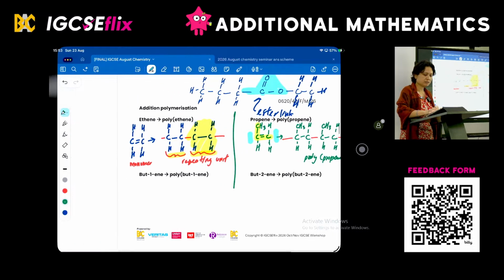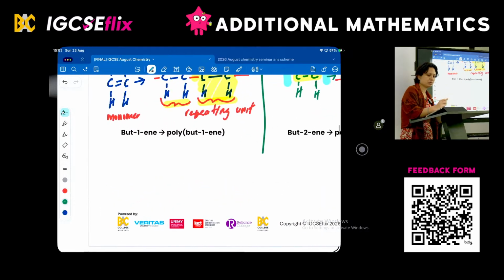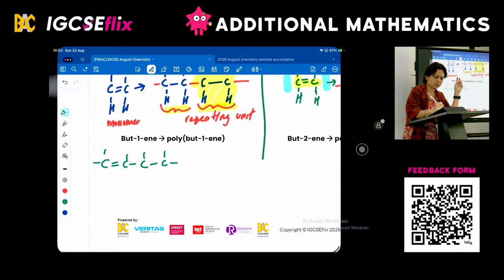Okay, like this. I think some of you really don't know how to do it. Come, let me show you. But-1-ene is one double bond here, right? Look here. All the rest are hydrogen.